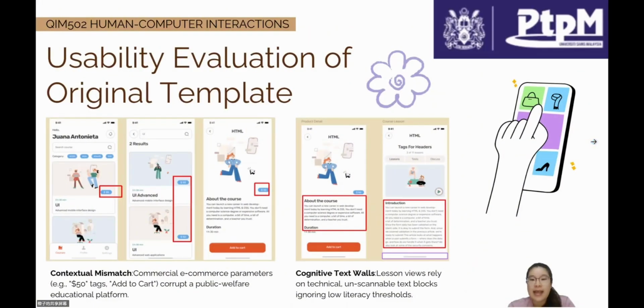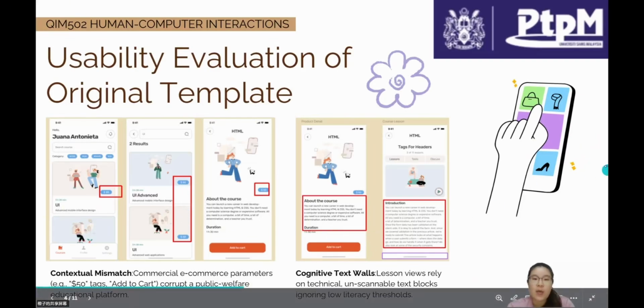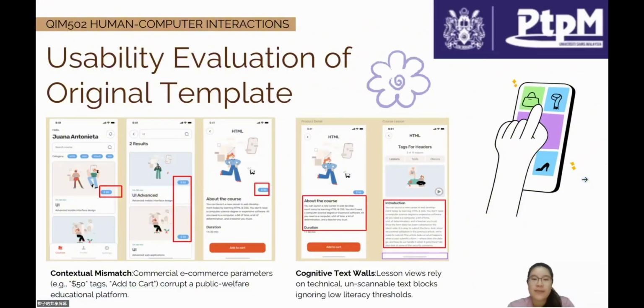To guide my redesign, I did a heuristic evaluation of the original template and found 4 major problems. First, there is a contextual mismatch. The original template includes commercial elements like $15 prices and add-to-cart buttons, which confuse children on a school app.